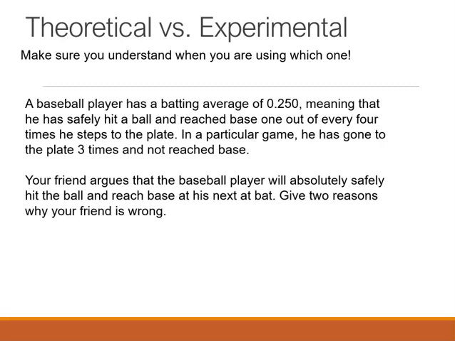What's the second argument we might give our friend as to why they're wrong? This one's a little bit more subtle. The second reason is that our friend is confusing experimental and theoretical probabilities. The batting average is an experimental probability, and he's using it to make a future projection, which is what you'd use a theoretical probability to do.